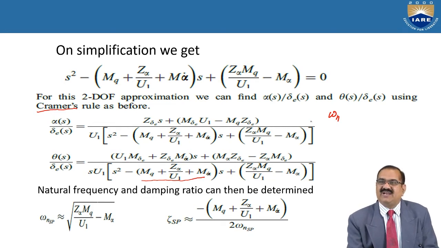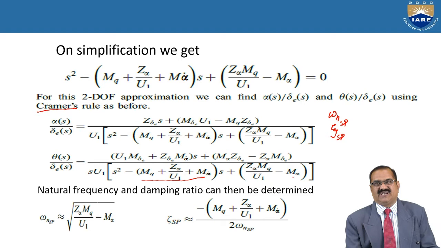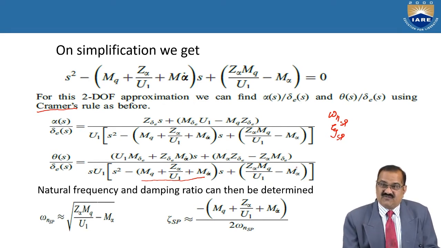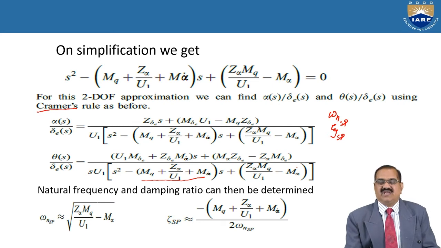So from here we can find omega n and zeta SP. SP stands for short period. In this way we can find the natural frequency and the damping ratio of the system.